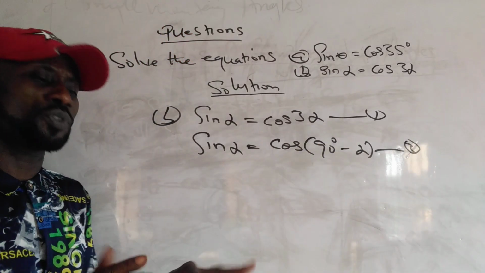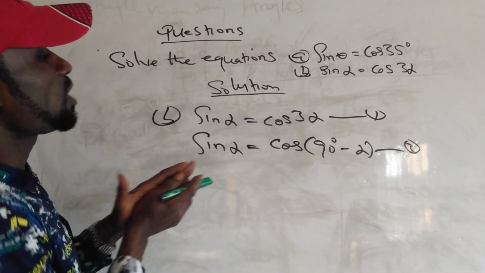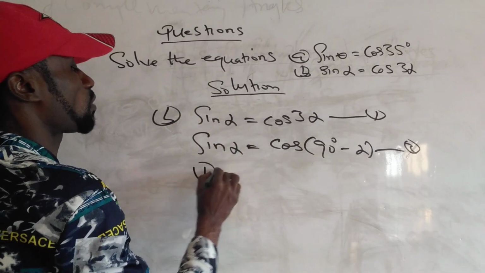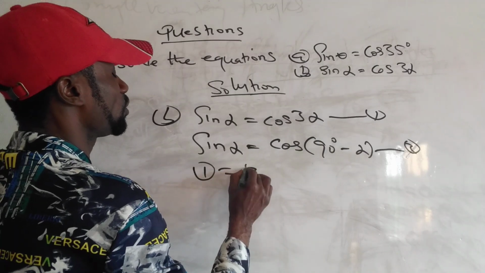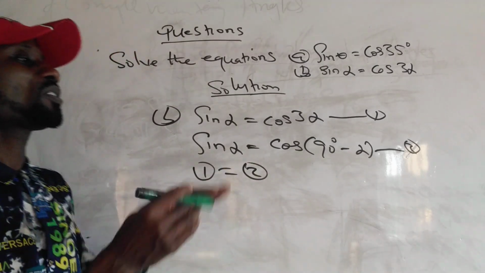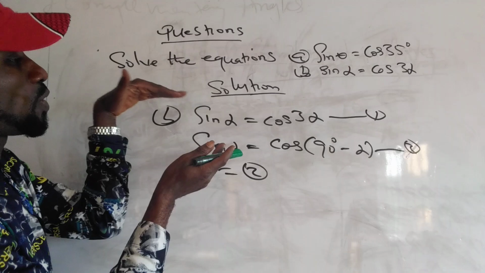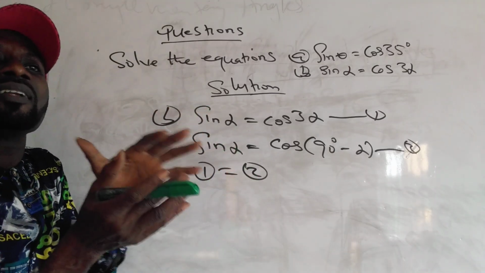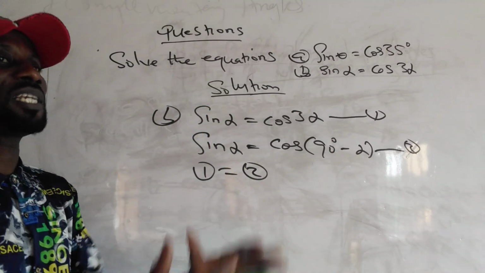The same procedure, I will equate equation 1 and equation 2. We'll say equation 1 is equal to equation 2. Why am I saying that? Because equations 1 and 2 have the same term, sine alpha, which I can easily equate.